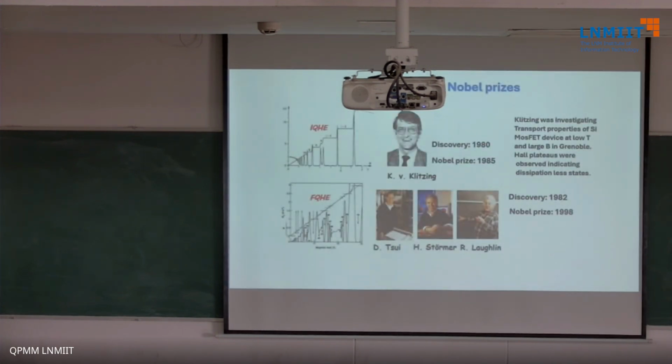This was the discovery in 1980 by Klitzing, and he got a Nobel Prize in 1985. So it was transport properties of silicon MOSFETs at low T and large B in Grenoble. And these Hall plateaus were seen as dissipation-less states.